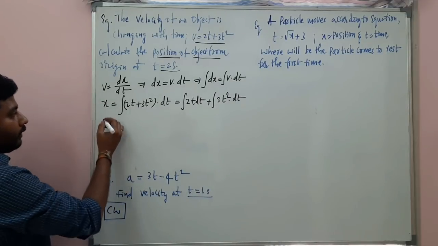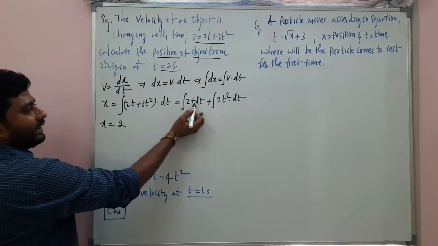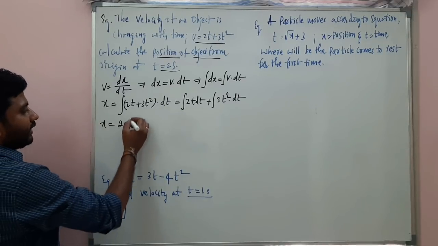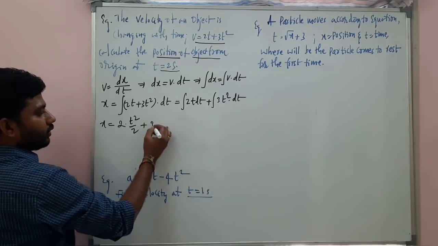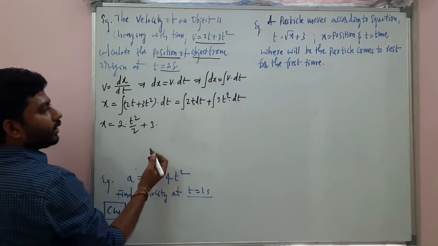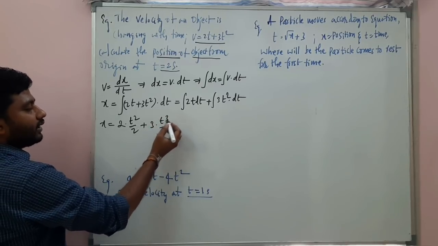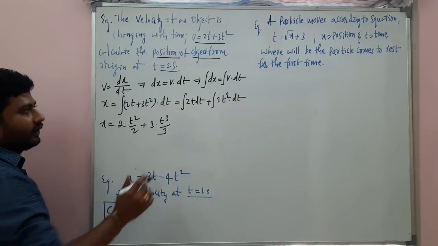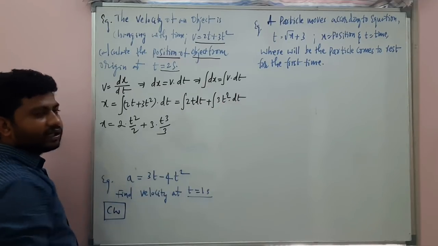Okay. x is equal to 2 comes out, integral t dt, so that is t square by 2, plus 3 comes out, integral t square dt, that will be t cube by 3. Understand?